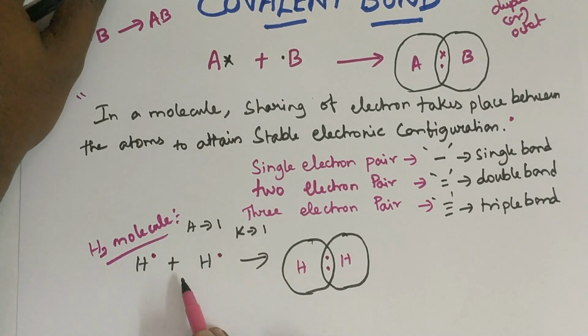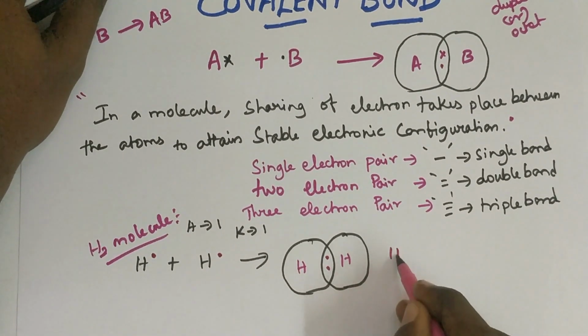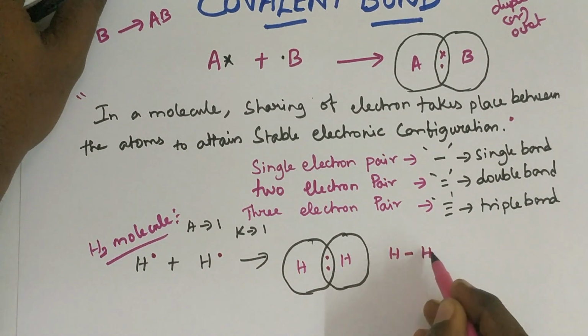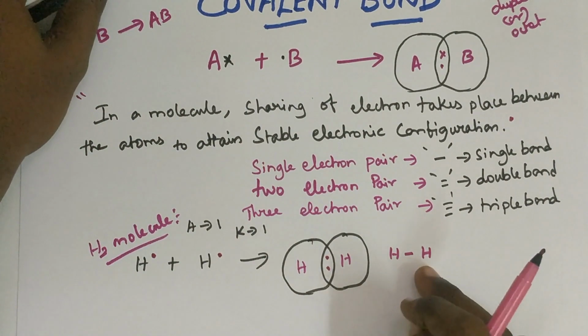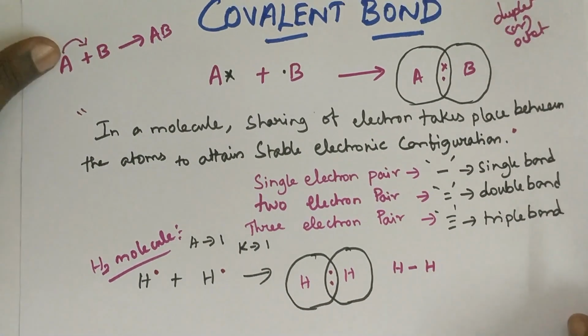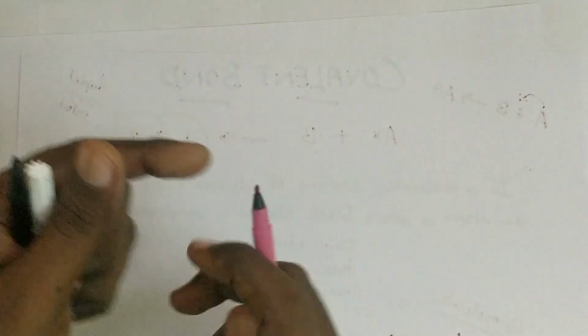The electrons of these atoms contribute to each other to form an electron pair. You see it is a single electron pair, so we mention a single line, that is a single bond. Because of one pair we mention one line. Let's see the next one.